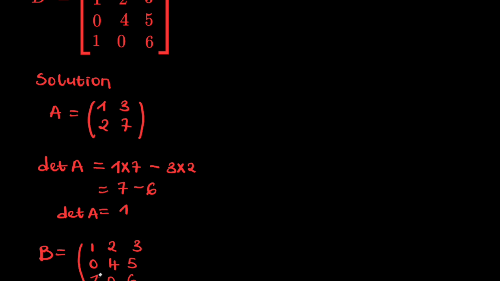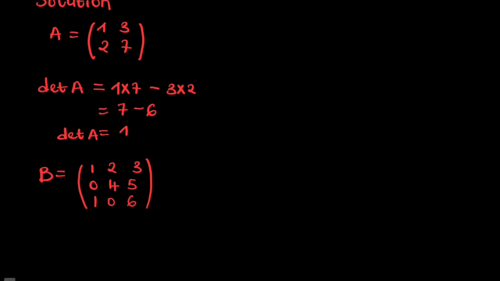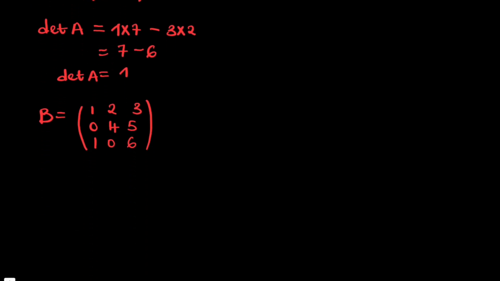So this is our matrix. Now we have to look for the determinant of this 3 by 3 matrix. The first thing, you put these signs in your head: plus, minus, plus, minus, plus, minus, plus, minus, plus.